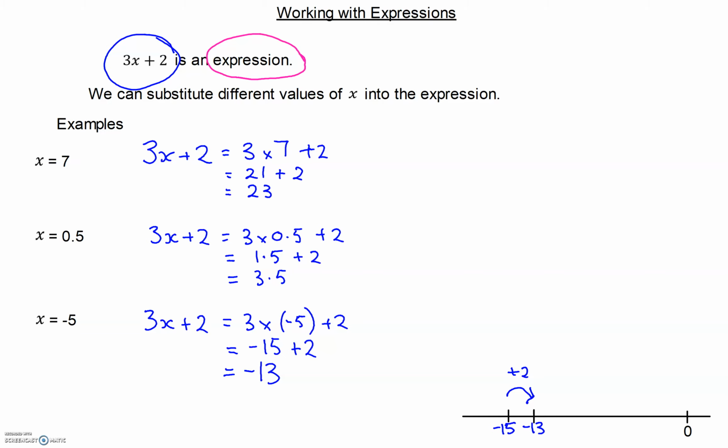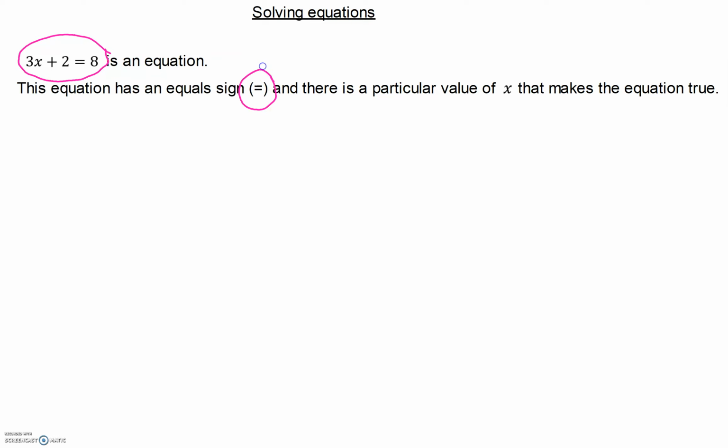What we've done here is taken 3x plus 2 and said that it must equal 8. This becomes an equation. An equation always has an equal sign. It involves algebra, and there is a particular value that needs to be found. In this case, and in lots of cases, we use x. So the question is, what is the value of x?